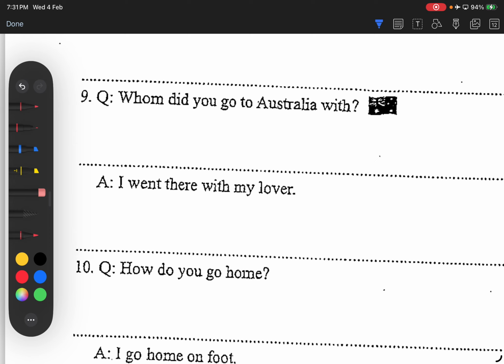If you want to put 一緒に I don't stop you. It's fine. Then you can say the other way around. オーストラリアは誰と行きましたか. About Australia, who you go with. So both sentence structures are okay.